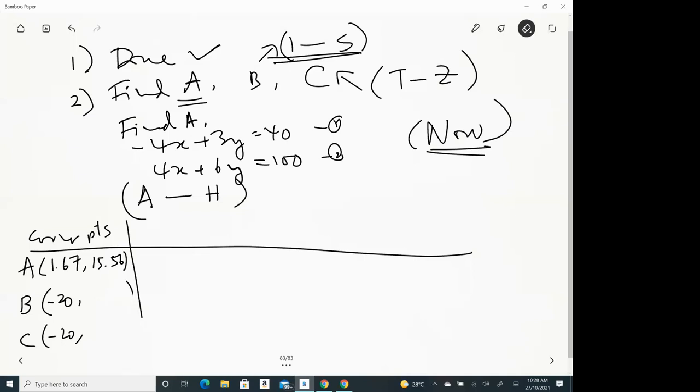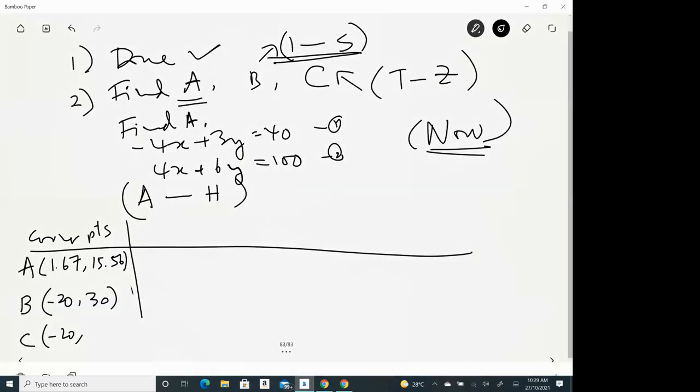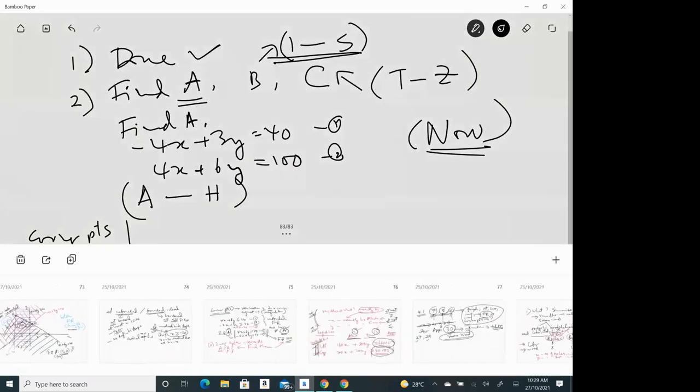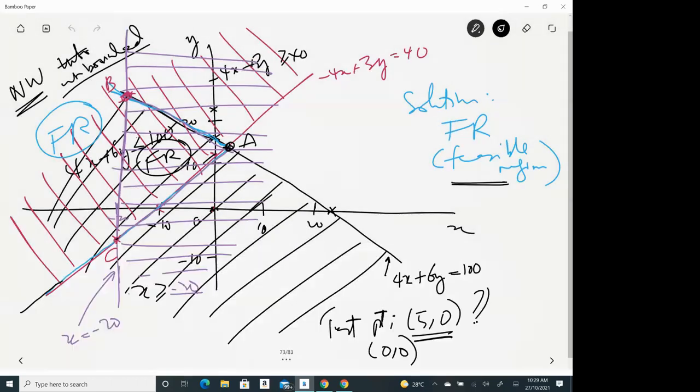I got 30. Okay, so that is 30. Check balik. If you get that negative 13, maybe it's not point B. Maybe what you got as negative 13 is point C. Point C is logical because you have a negative value there.